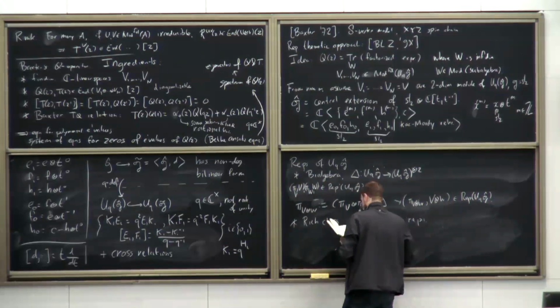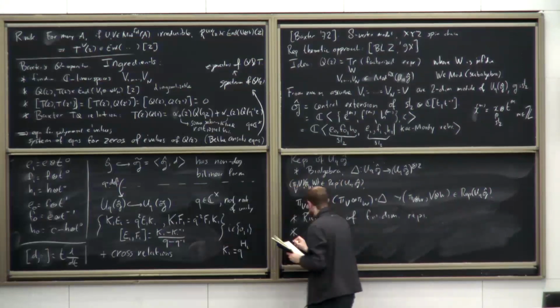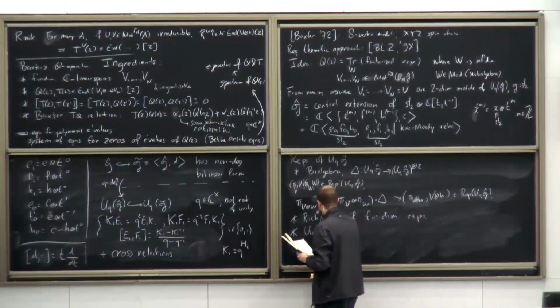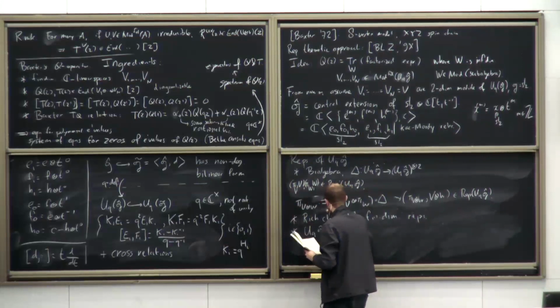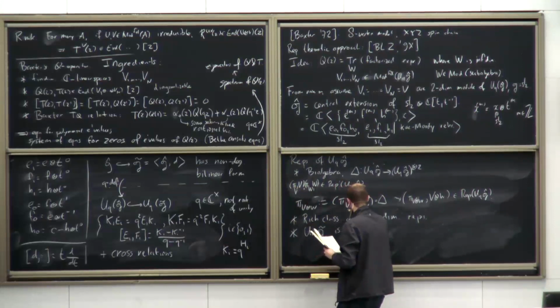And finally, we want to say something about R matrices. UQG tilde, which is the bigger version, is quasi-triangular.